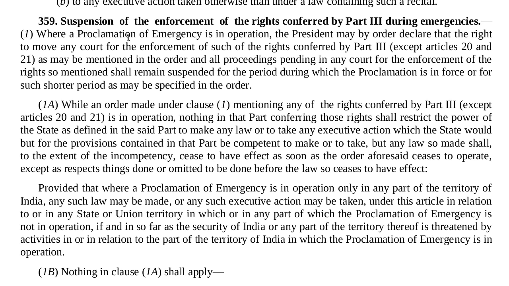Where a proclamation of emergency is in operation, the President may by order declare that the right to move any court for the enforcement of such of the rights conferred by Part 3 except Articles 20 and 21 as may be mentioned in the order, and all proceedings pending in any court for the enforcement of the rights so mentioned shall remain suspended for the period during which the proclamation is in force, or for such shorter period as may be specified in the order.